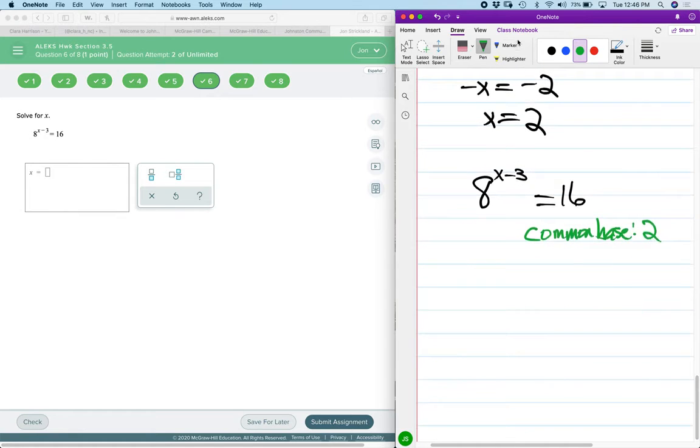For 8 to the x minus 3, 8 is 2 cubed, raised to the x minus 3 degree. 16 we're going to have as 2 to the 4th. For what I have on the left, I'm applying the power property of exponents.